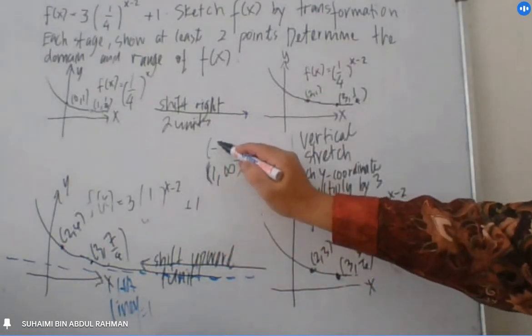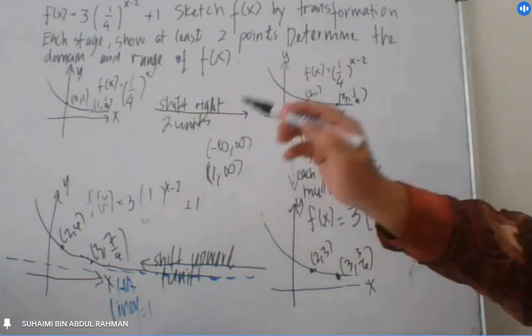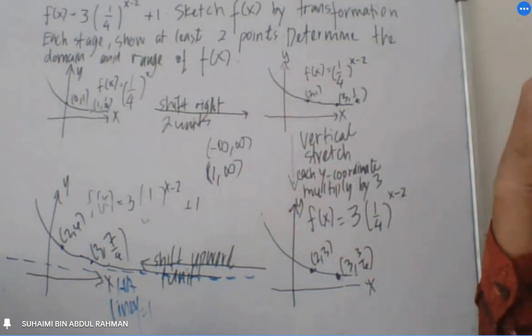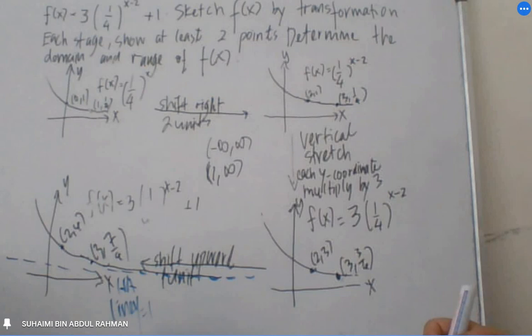The domain is minus infinity until infinity.